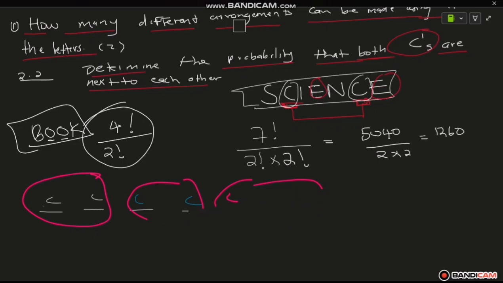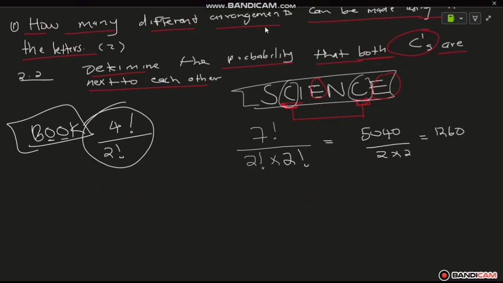But if you put another letter between them, then they are not next to each other, meaning it will be incorrect if we do it like that. They must be in sequence, one after the other. So how are we going to determine its probability? Let us actually get to it.